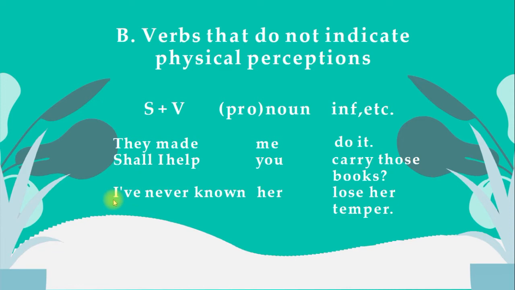And the last example is, I've never known her lose her temper. I as the subject, have never, this is the auxiliary for the present perfect, and then known is the past participle, and then followed by her as the pronoun, and followed by lose as the infinitive, and also the noun phrase her temper.